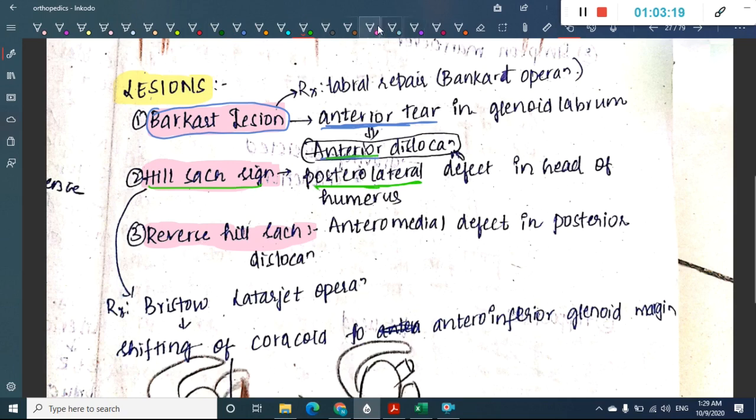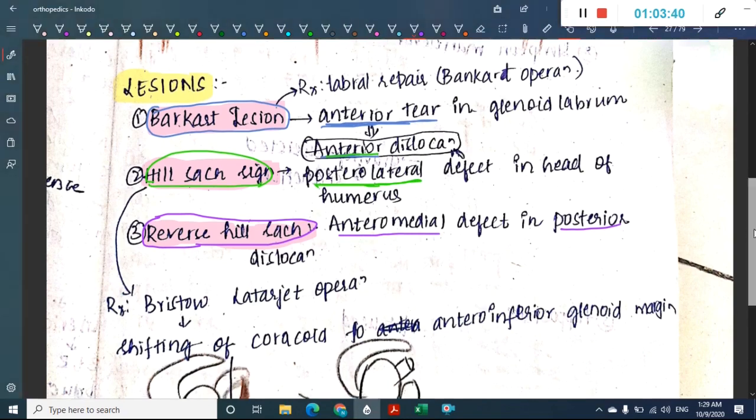Then what do you see in reverse Hill-Sachs? In reverse Hill-Sachs we see an anteromedial defect, exactly opposite to Hill-Sachs. Hill-Sachs is posterolateral, reverse Hill-Sachs is an anteromedial defect in posterior dislocation. Okay, so these are the lesions which you see in shoulder dislocation.